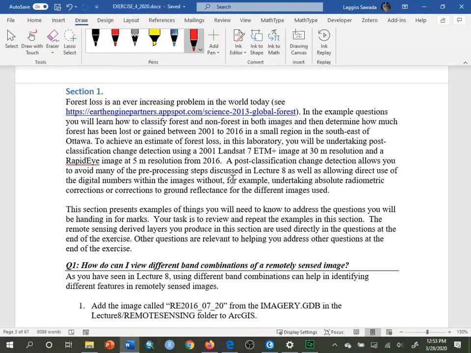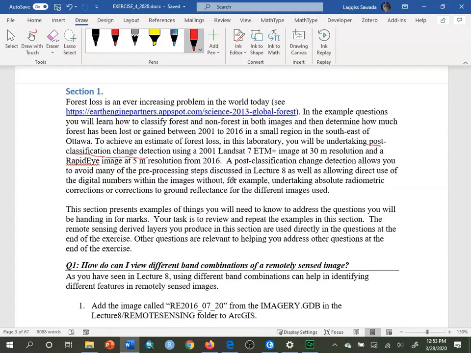And to do this, we'll be undertaking what's called post-classification change detection. That means we classify the two images, which are from two different sensors, and then we use basic GIS functions to look at the forest class and see how it has changed through time.